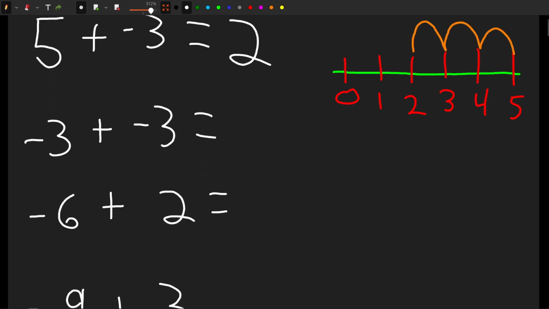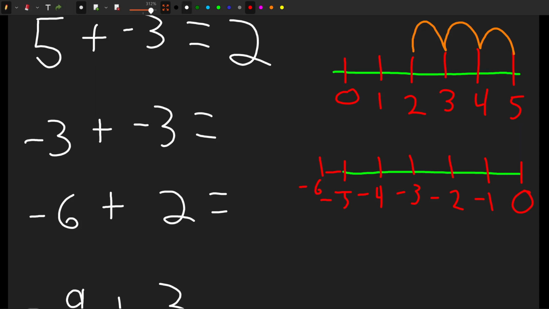Now, there's a couple of things we can do with this one. One is we can use another number line, which I'll demo to you really quickly. So I would start with 0 on this side and I would work my way back. So we would have negative 1, negative 2, negative 3, negative 4, negative 5, and then if I have just a little bit more room, negative 6.